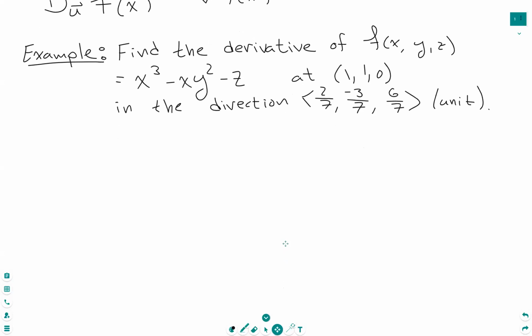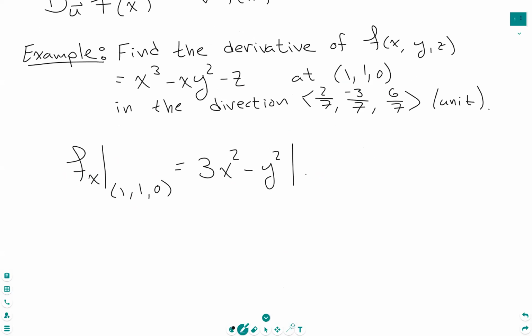So to get started here, we need to find each derivative. So we need to find fx at the point 1, 1, 0. So we go ahead and take the partial derivative with respect to x of our function. So we get 3x squared minus y squared, and we're evaluating this at 1, 1, 0. So we get the value of 2. Next, we're finding f partial y at this point.